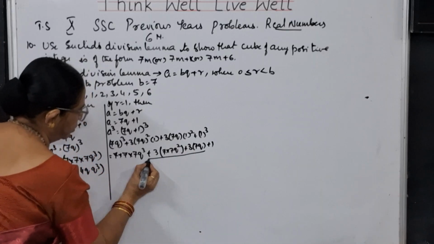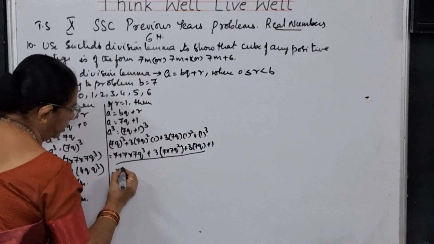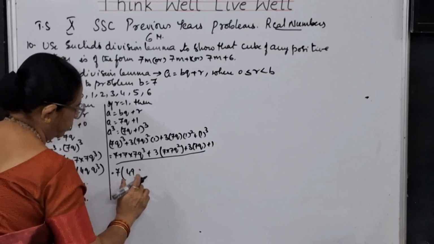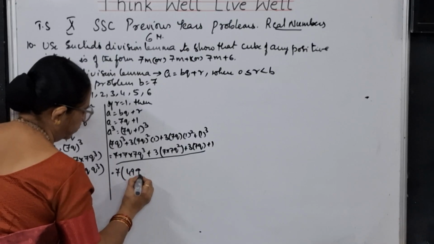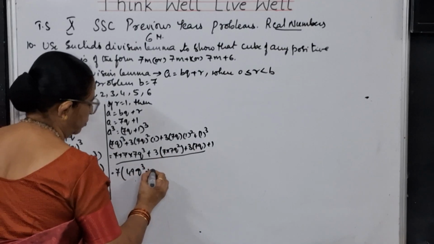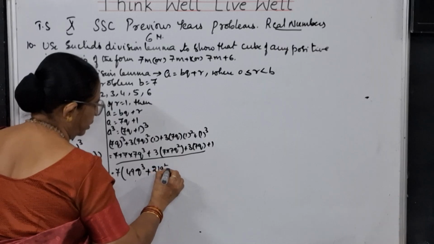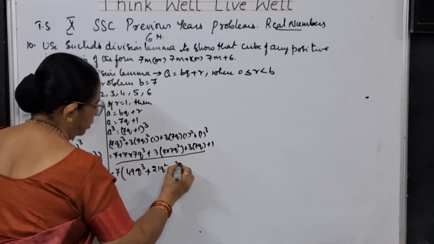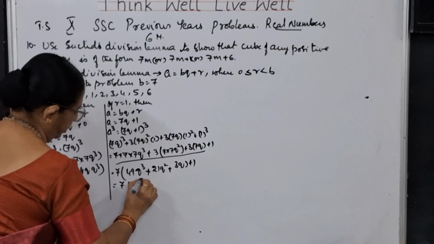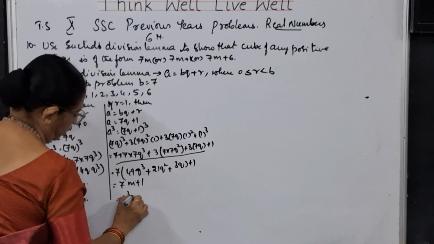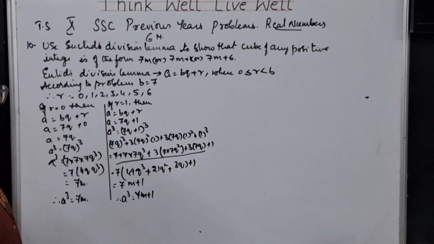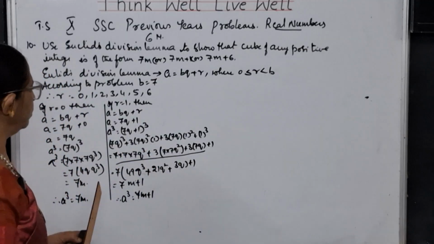So, in all these, 7 is common. 7 7s are 49 q cube plus 1, 7 has gone out. 3 7s are 21 q square plus, 7 has gone out, 3q plus 1, that is equal to 7m plus 1. Therefore, a cube is equal to 7m plus 1. This you have got if r is equal to 1.